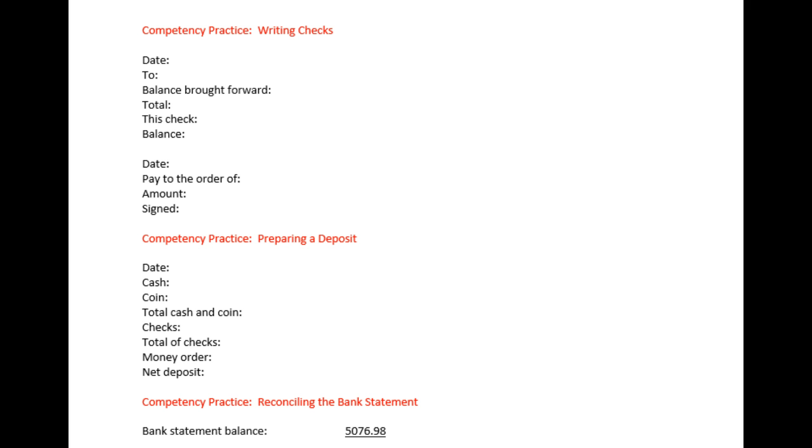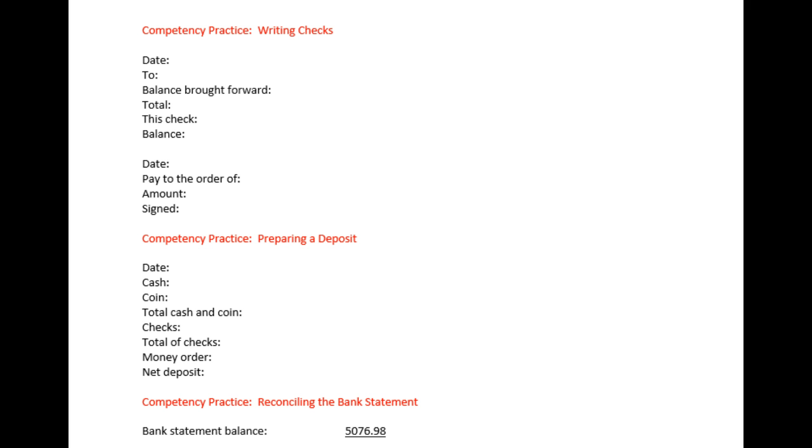But it's good practice to look at your checkbook register and balance that against the bank's register. So reconciling it to make sure that the amounts that you have are the amounts that the bank has, and the amount that the bank has is what you have. So way easier to keep your balances in tab if you do that on a continual basis.